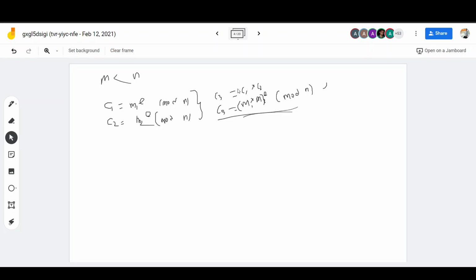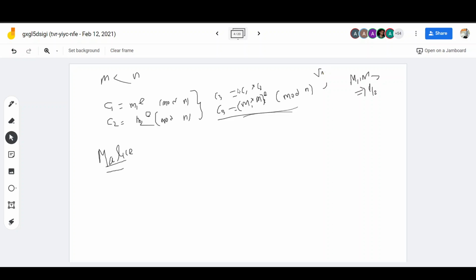Suppose Malice is going to compute these values. Suppose you have M1, M2 and so on. What is the typical length of this? This is going to be at max L by 2 only, that I told you, the square root of n. So L by 2 only.